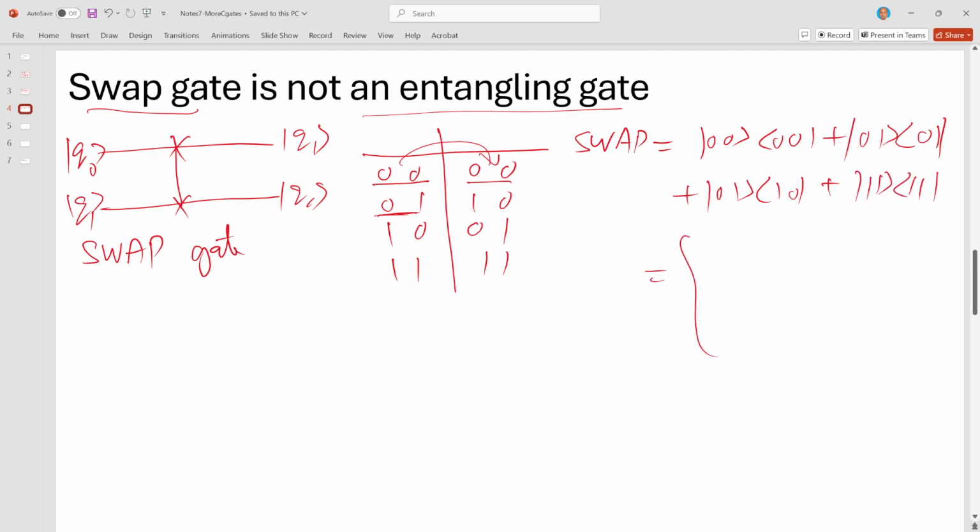And if you want to write its matrix form, this is the diagonal term 1, this is the diagonal term 1 here.